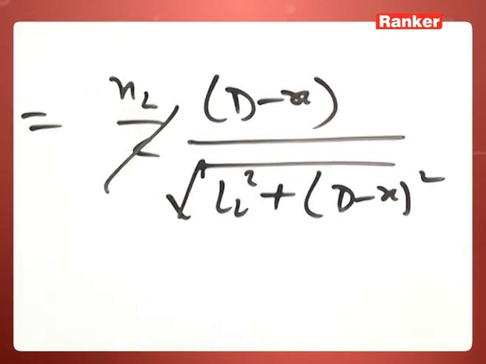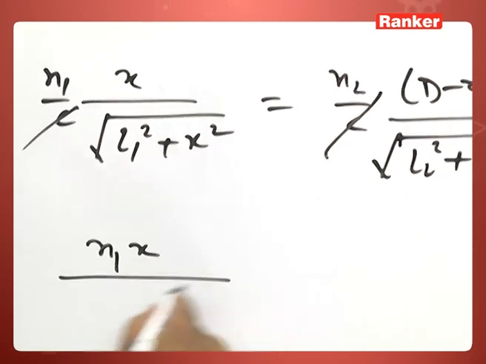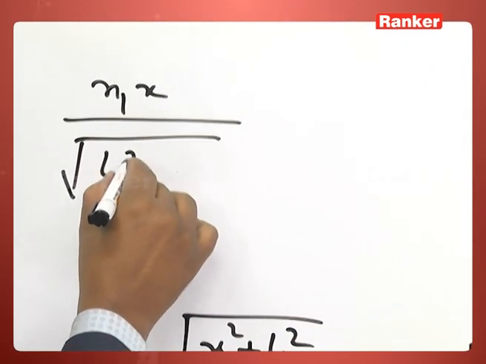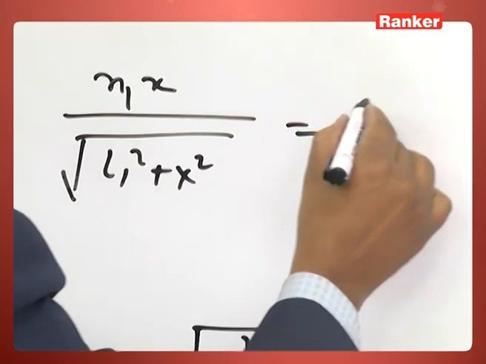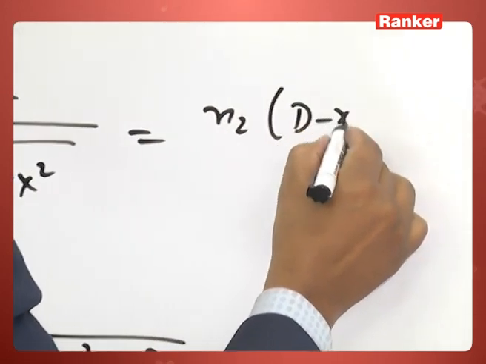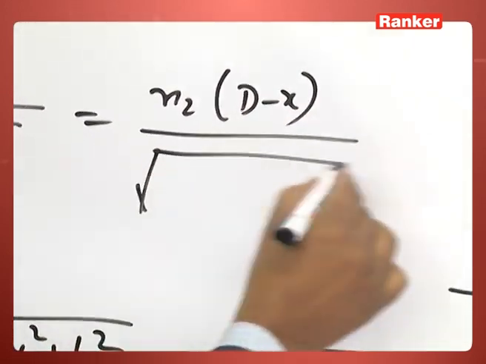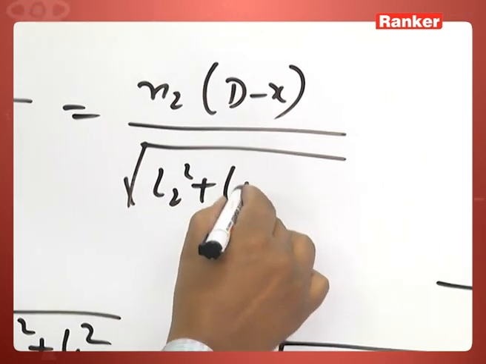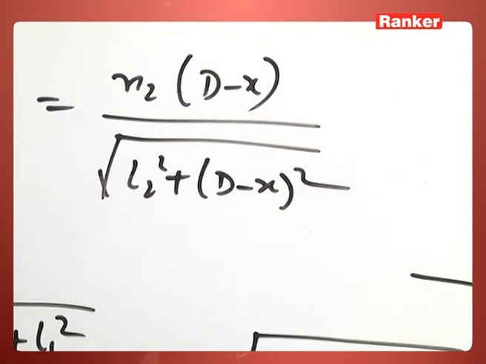Again c cancels. We get n1 x by root over L1 square plus x square equal to n2 times d minus x upon root over L2 square plus d minus x whole square.